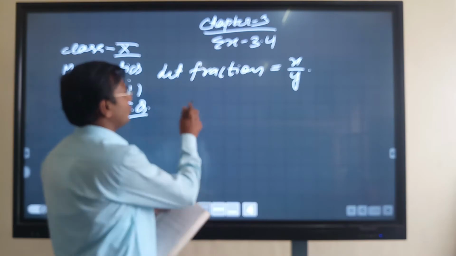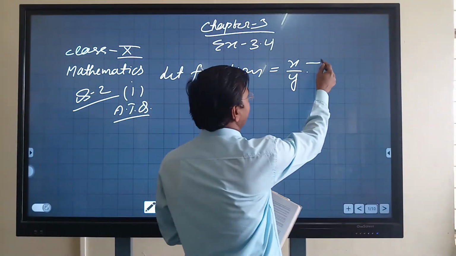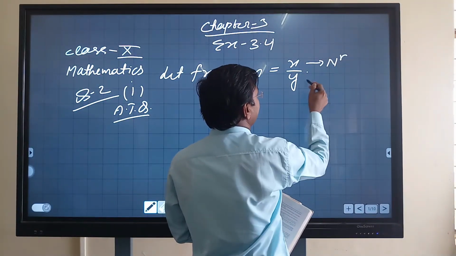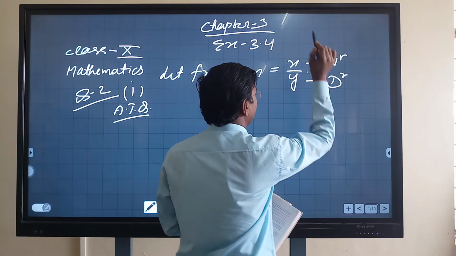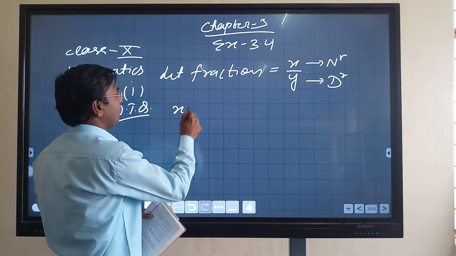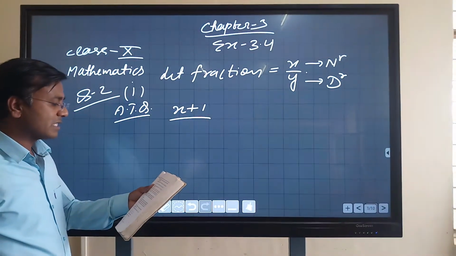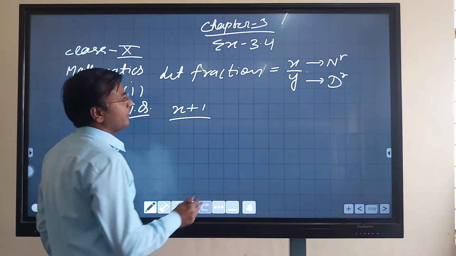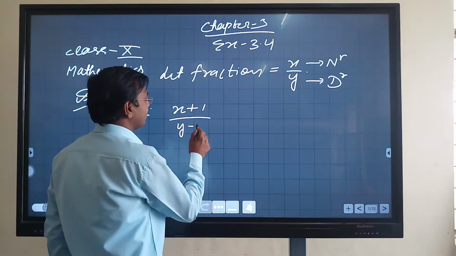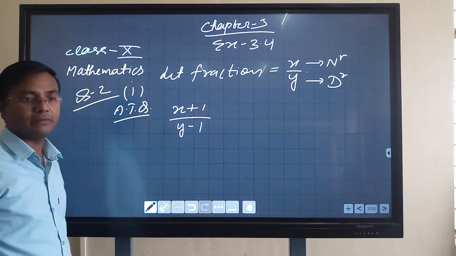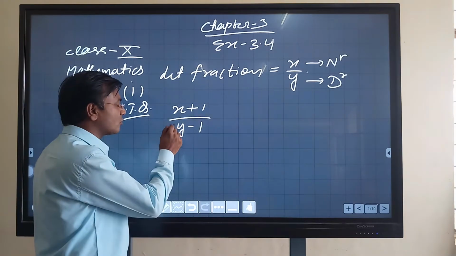We add 1 to the numerator. So what is the numerator? As I already told, this x is called numerator and y is called denominator. Okay, so we add 1, that is x plus 1, divided by, subtract 1 from the denominator. So subtract 1, that is y minus 1.